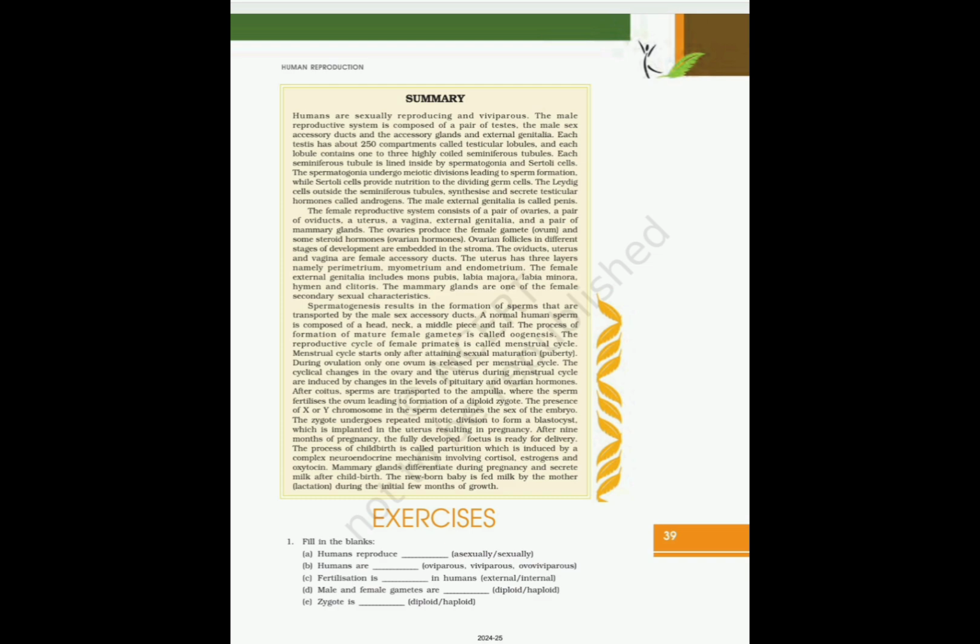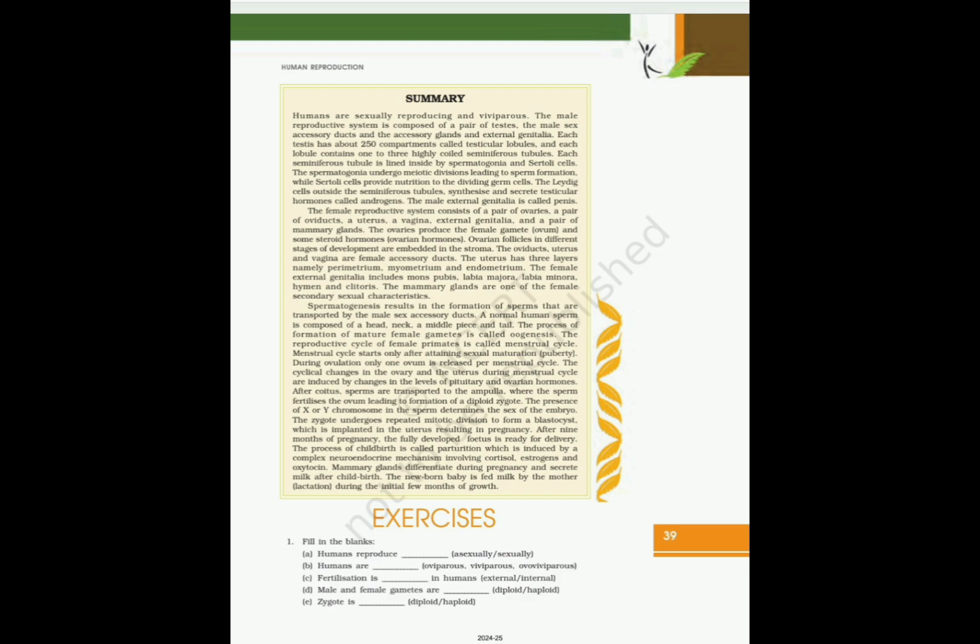The oviducts, uterus, and vagina are female accessory ducts. The uterus has three layers, namely perimetrium, myometrium, and endometrium. The female external genitalia includes mons pubis, labia majora, labia minora, hymen, and clitoris. The mammary glands are one of the female secondary sexual characteristics.